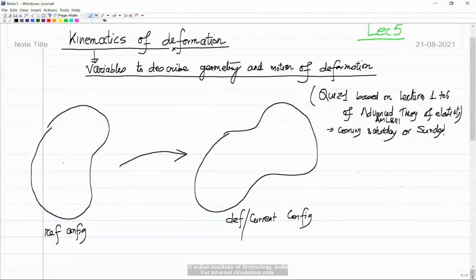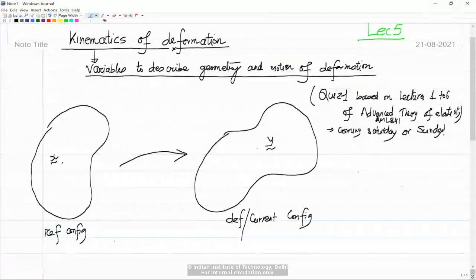And any point in the reference configuration, the material particle, so to every material particle, as we have seen, there's a unique position which is given by x, and that point goes to y in the current configuration, right? That's how we denote it.